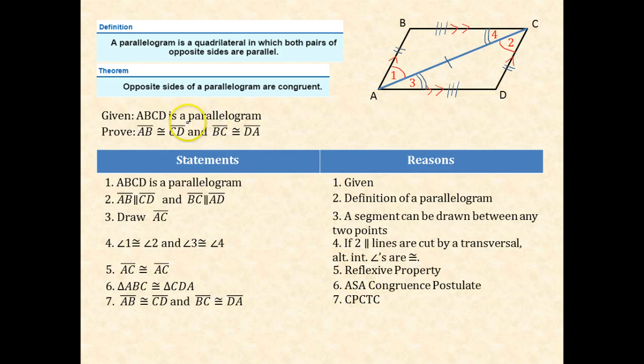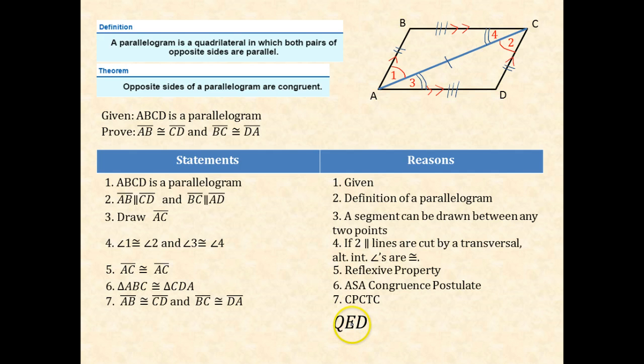So we started off with ABCD being a parallelogram. We used what we know about parallelograms and some theorems that we know from the past to get to the conclusion that the opposite sides are congruent. So QED, which is Latin for it has been demonstrated.